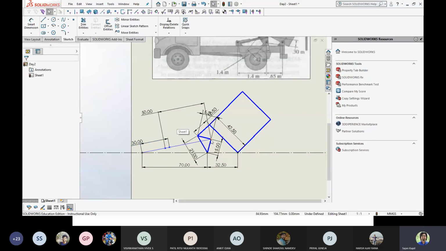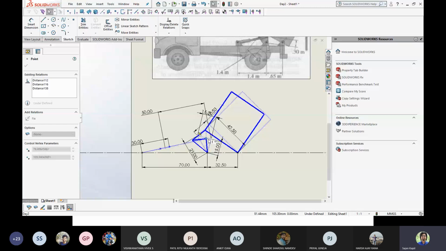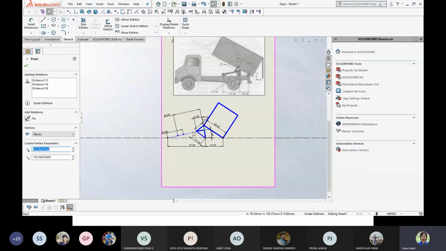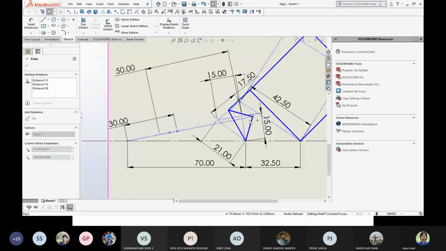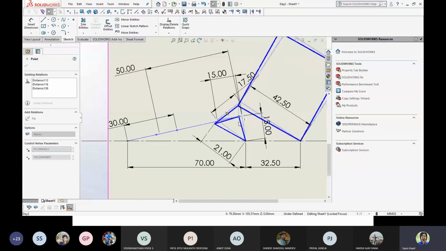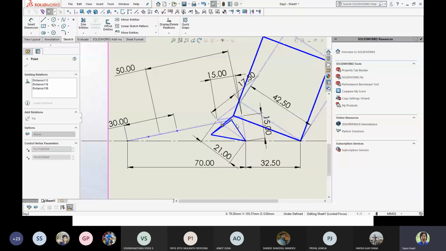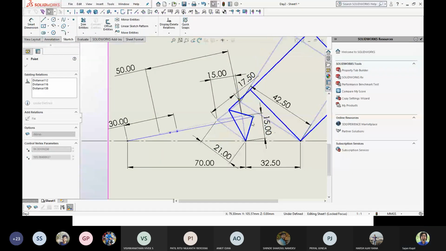Now what is happening is that the distance will change like this. Are you able to see this point? This point is going inside, correct? This is the actual scenario. So this is representing your piston cylinder arrangement.